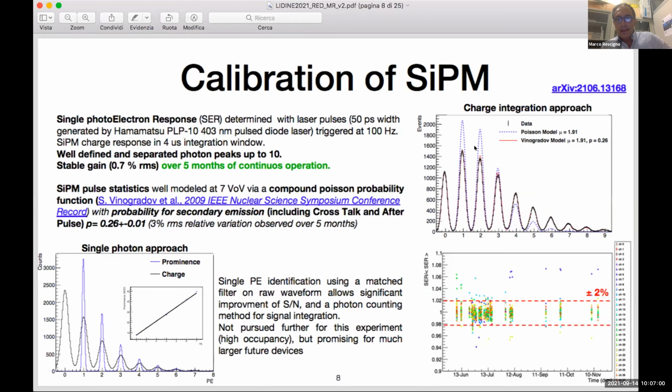The photostatistics, I mean the distribution of photons in these laser runs, also allows us to measure the probability for secondary emission, including crosstalk and afterpulses, which is measured typically at 26% with a 3% relative variation. And the distribution is very well modeled by the Vinogradov compound Poisson probability at this specific operation point.